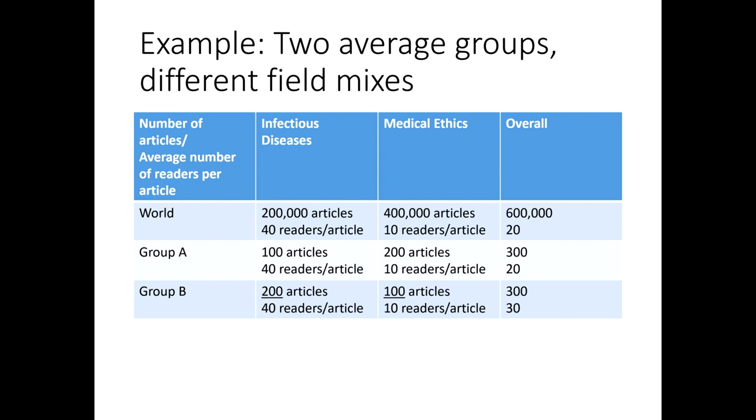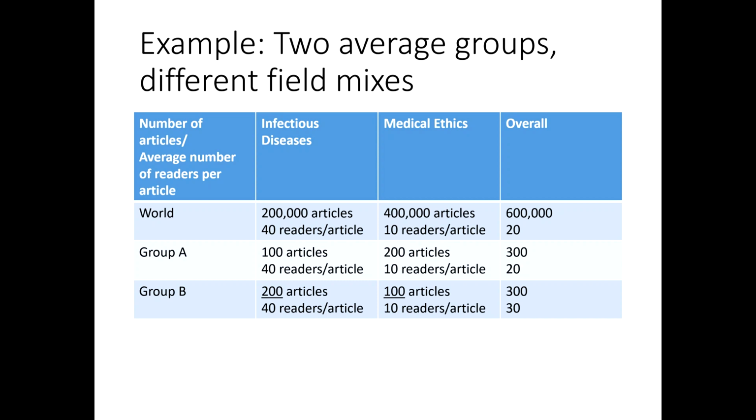And here we have data on the world publication of infectious diseases and medical ethics research and the outputs of Group A and Group B. And if you look at the number of Mendeley readers per article, you'll see that Group A and Group B are exactly world average in terms of the number of Mendeley readers per article, 40 for infectious diseases and 10 for medical ethics. So they're both exactly world average.